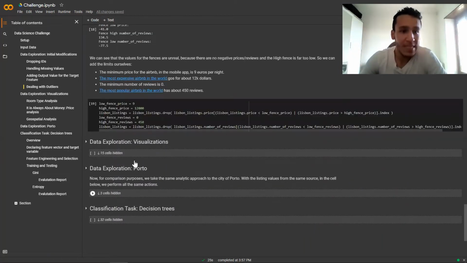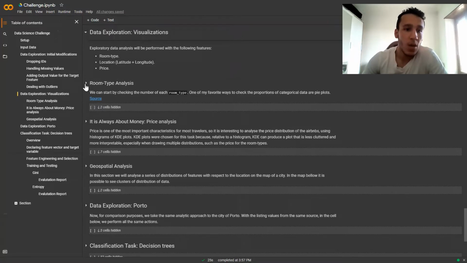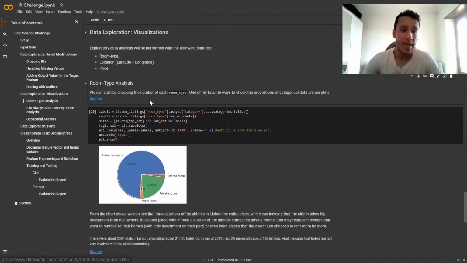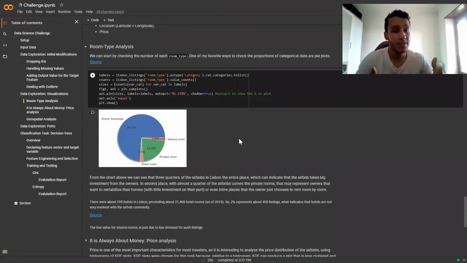In the visualizations, first we have our room type analysis. We can see that in Lisbon, about 74% are entire home apartments, which means that the homeowners and the listing owners really invest money into Airbnb, renting entire places for the tourists.